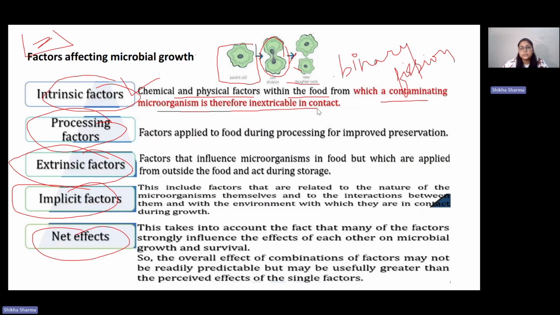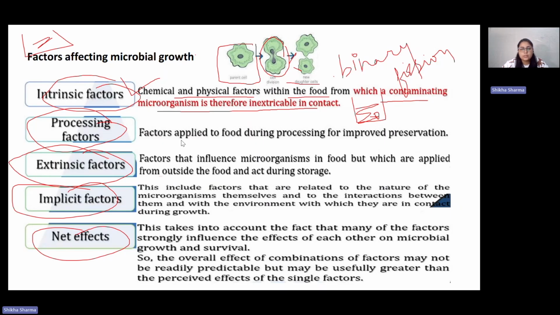They are intrinsic because they are inside the food and in direct contact with the microorganisms, so they directly affect the growth of the microorganisms.